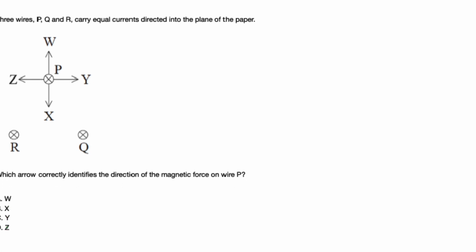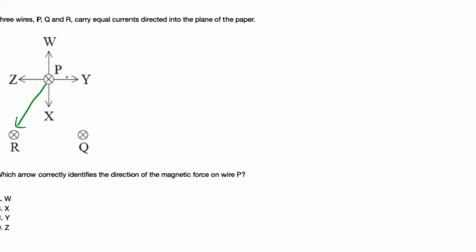Three wires, P, Q, and R, carry equal current directed into the plane of the paper. Which arrow correctly identifies the direction of magnetic force on wire P? There are also two ways of solving this. The first way, you can just, by identifying that the current is going in the same direction, there's gonna be an attractive force.